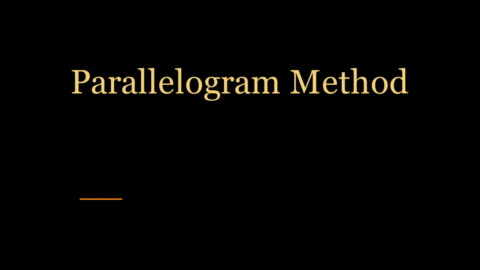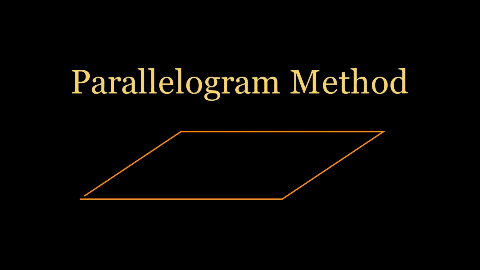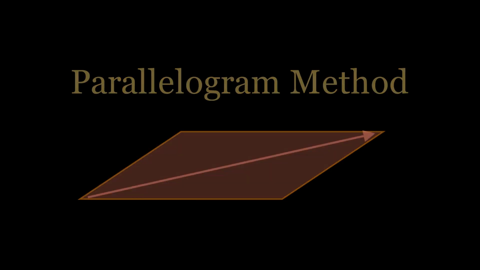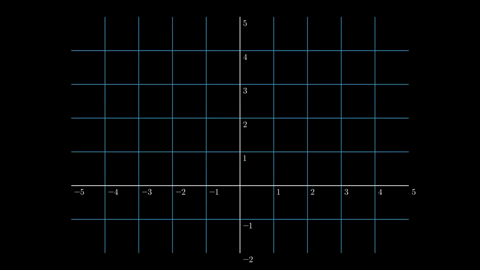Another method of adding vectors is called the parallelogram method, where we join the vectors to create a parallelogram, and the sum is simply the fourth corner of our parallelogram. Let's see this geometrically. There are two vectors, a blue one and a magenta one, and they both begin at the origin.